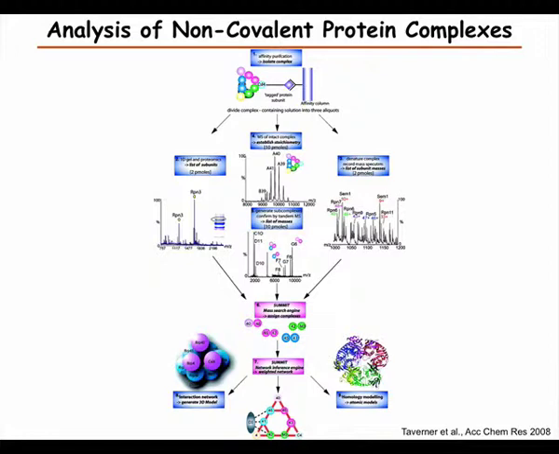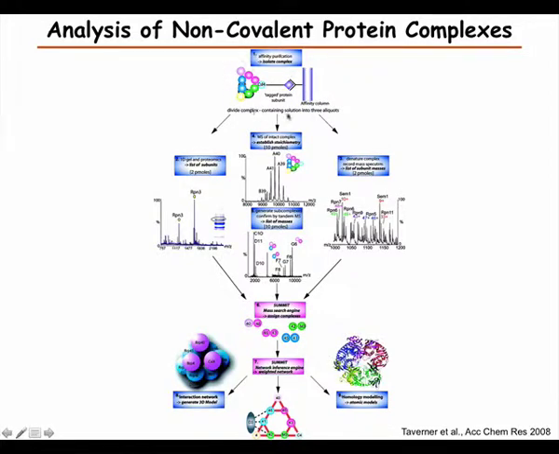So now one can also look at protein complexes inside the mass spectrometer and measure them in there. Several people have done this. I mean, there are a few groups that do it really well.